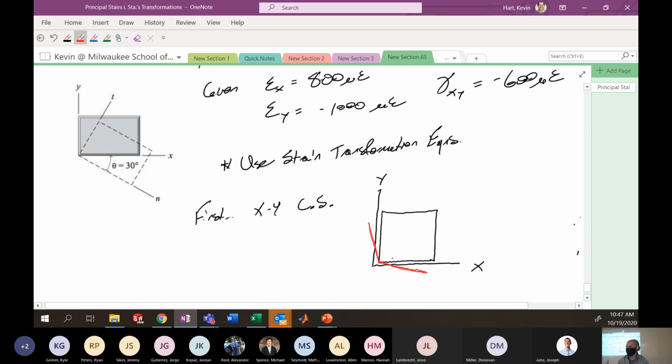I'm going to have elongation in X, so this is going to get somewhat longer in the X direction. And I'm going to have compression in Y. So that's kind of a strange thing to draw, but let me see if I can do my best here. Again, we're going to have that elongation here. It's going to become more squat in Y, and it's going to elongate in X. This is a bit tricky to actually draw.